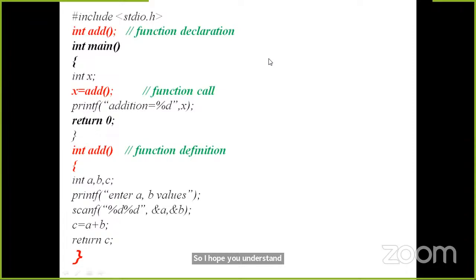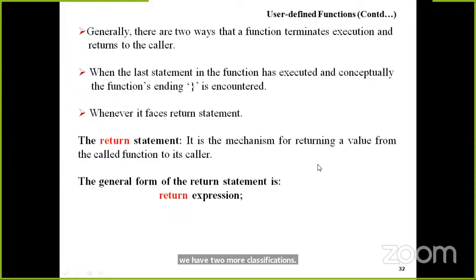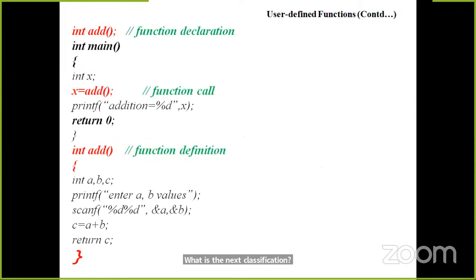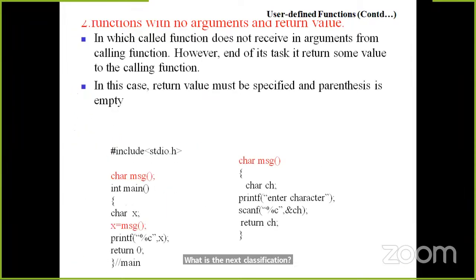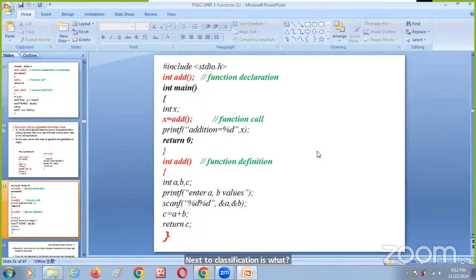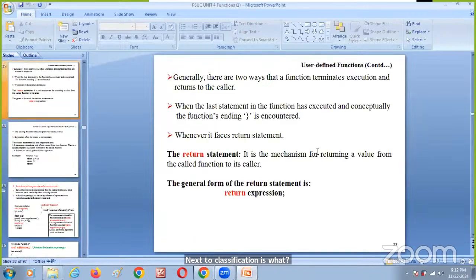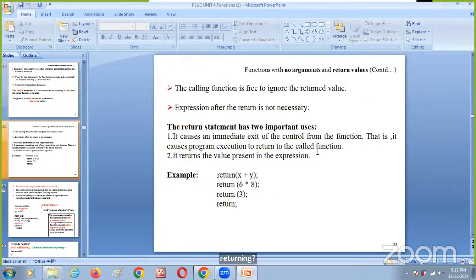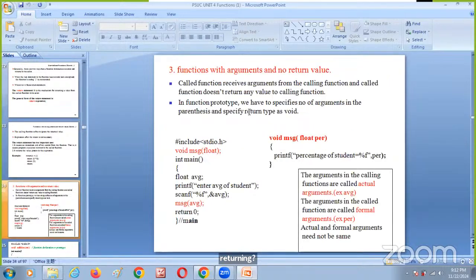We have two more classifications. What is the next classification? The next classification is functions with arguments, but no return value.